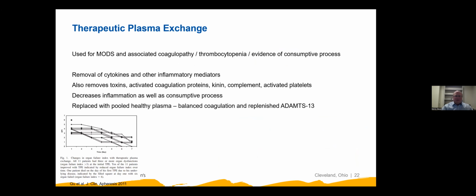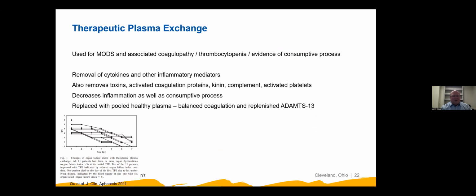And that brings me to plasma exchange. So therapeutic plasma exchange is most often used in the critical illness setting in patients with multi-organ dysfunction, especially those with thrombocytopenia, as well as evidence of coagulopathy and DIC.